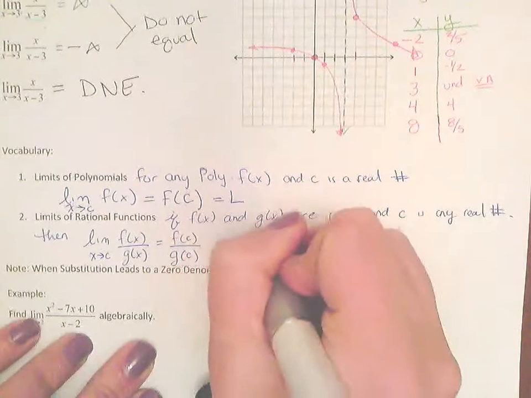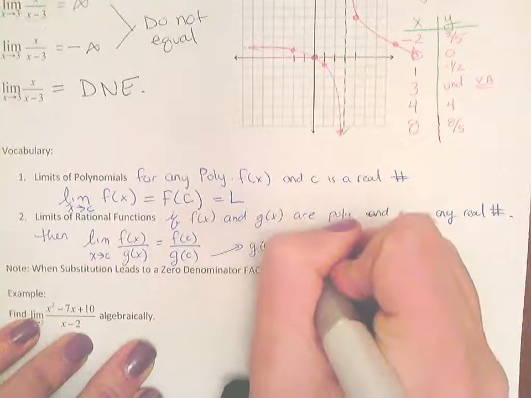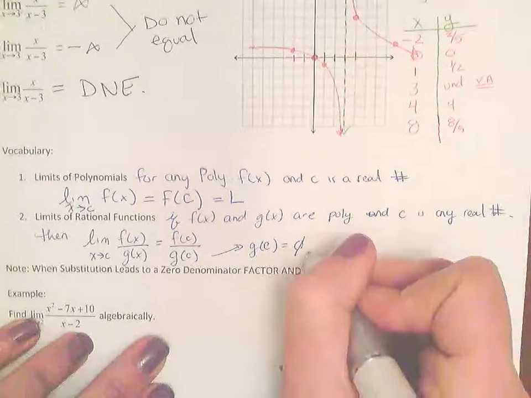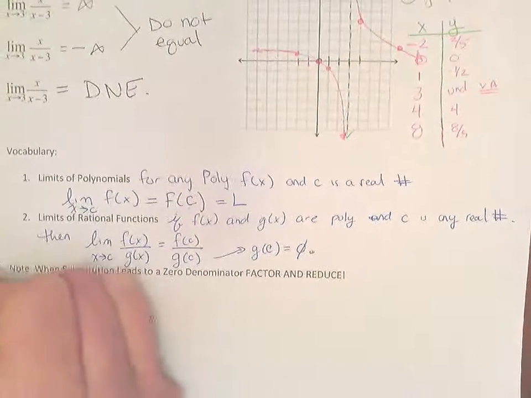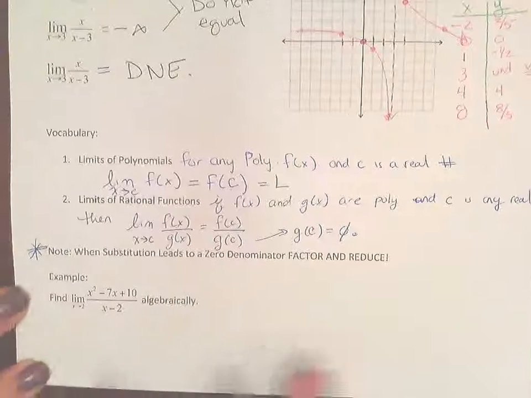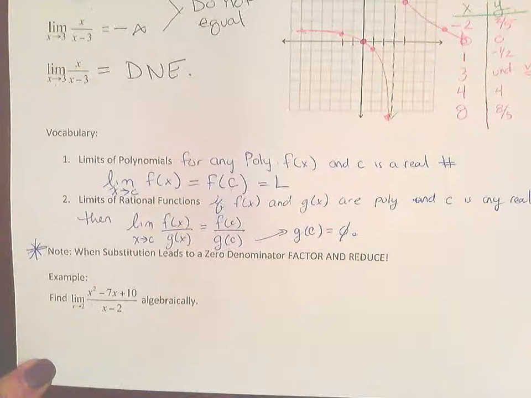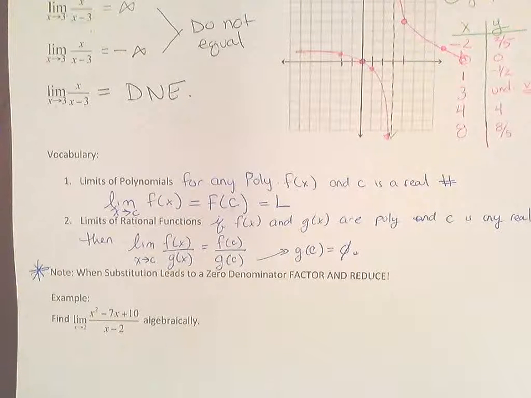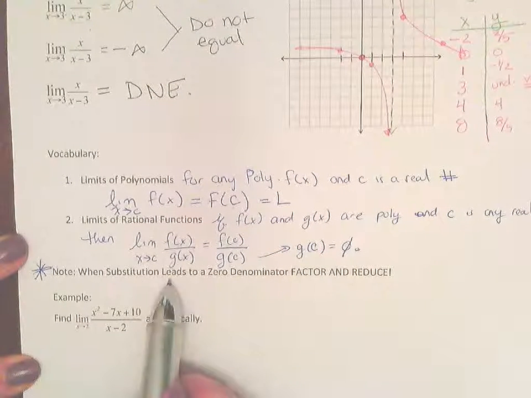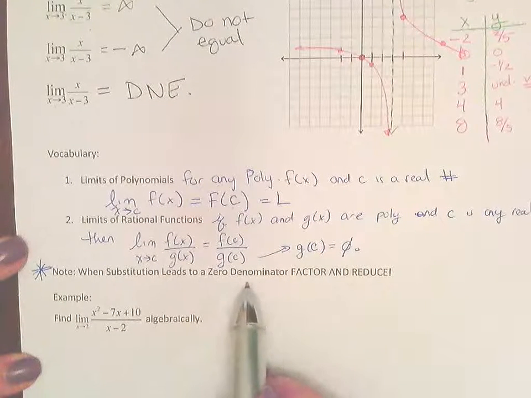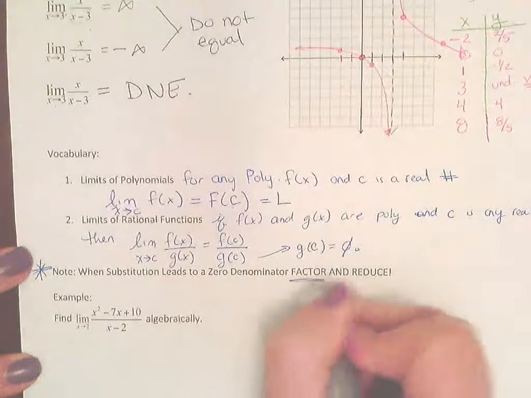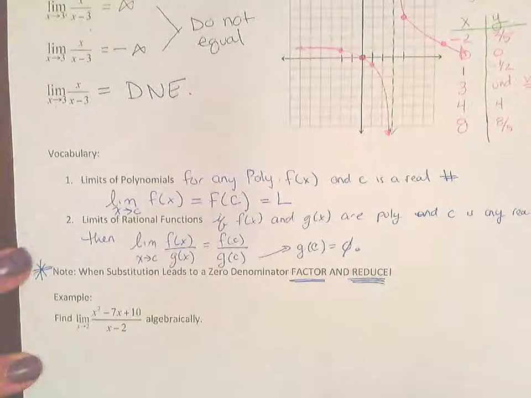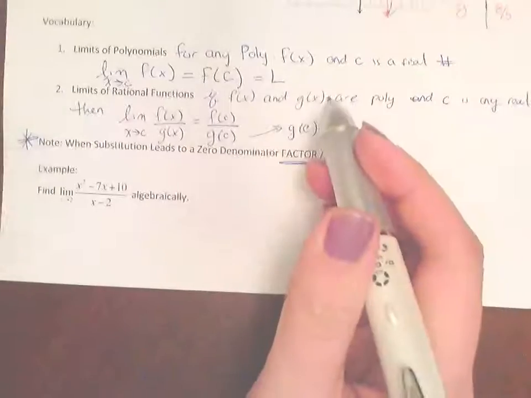Keep in mind that g of c cannot equal 0, but if it does, here's our little note. And we'll talk about this because there's a difference between solving these problems algebraically and finding the limits graphically, and we'll talk about that in class. But when substitution leads to a 0 in the denominator, you factor and reduce and then find the limit of your reduction. So let's put that to practice.